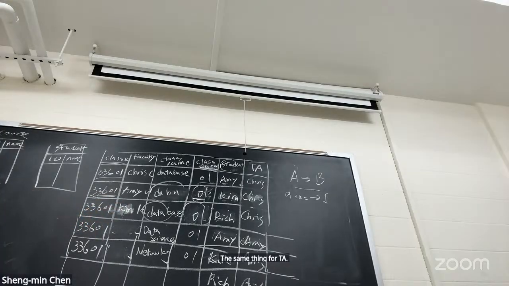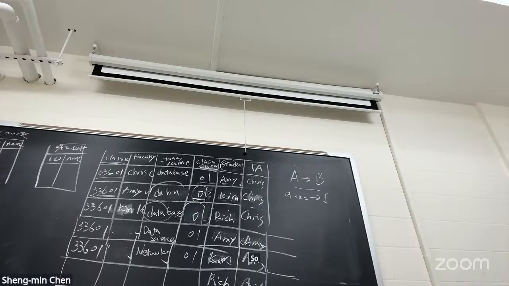I mean, a TA could be a student. But maybe just another column, a flag saying that they're also a TA, or something like that. Do you guys agree with that? TAs are normally students anyways, right? Yeah.